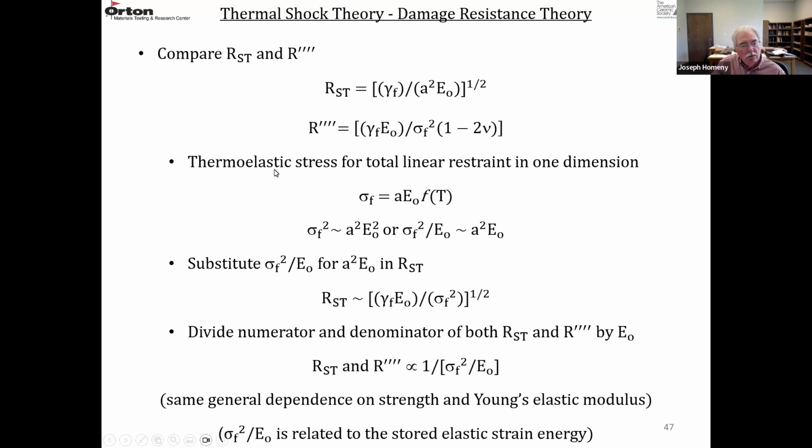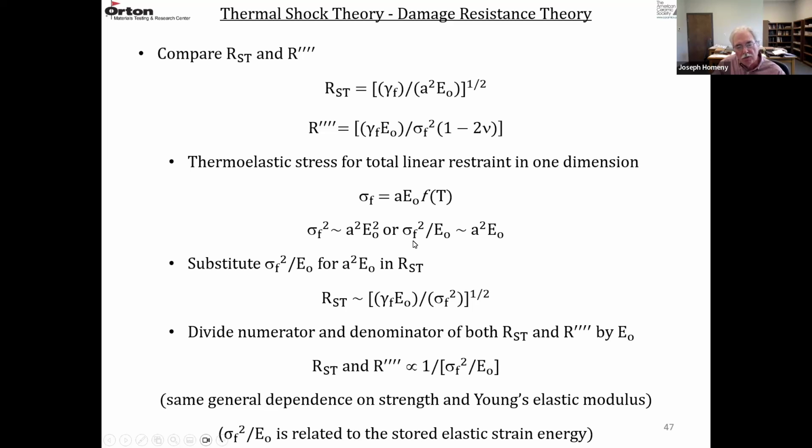So the thermoelastic stress for linear restraint in one dimension, the stress just equals the expansion coefficient, which is a function of temperature, times the elastic modulus, or more simply, strength squared is approximately equal to the thermal expansion squared and the Young's modulus squared.